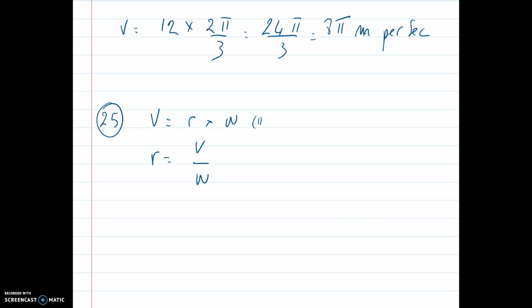Now I know v equals 18 feet per second, and omega equals 3 pi over 2 radian per second.